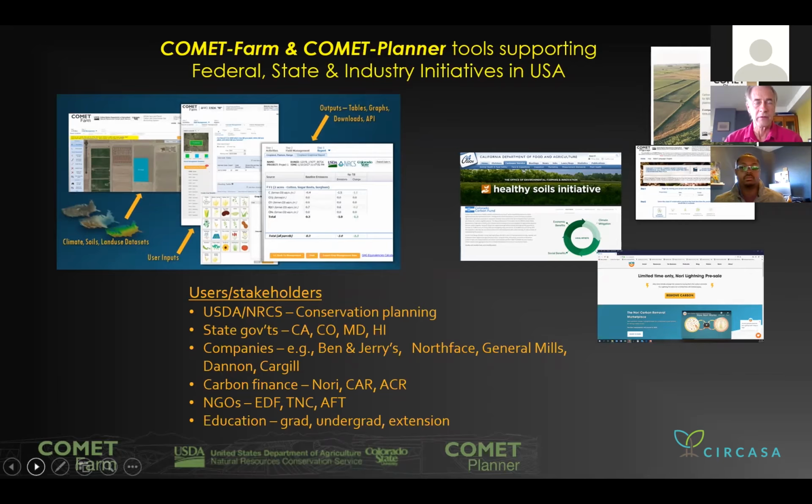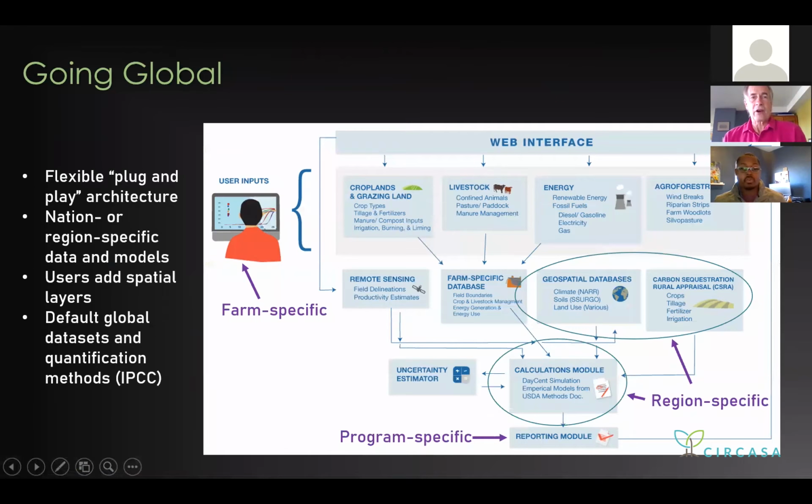And so I want to pivot now and talk about really going global. What we are really proposing to do, and what we've got a prototype of that Kevin is going to talk about, is to develop this concept, but to do it in a way that is very flexible and allows for a kind of plug and play architecture.